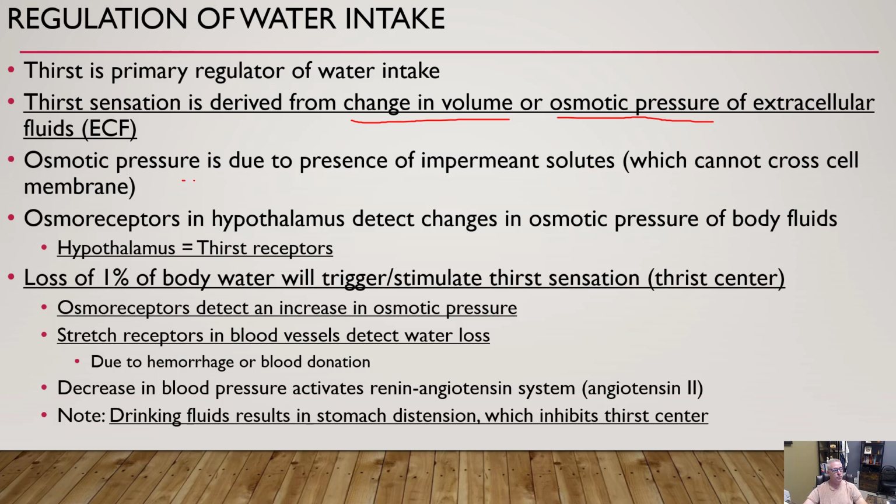And that osmotic pressure, remember, is due to changes of impermeant solutes, proteins, and glucose that cannot cross the cell membrane. And remember, a lot of your negative feedback loops are going to go through your hypothalamus.